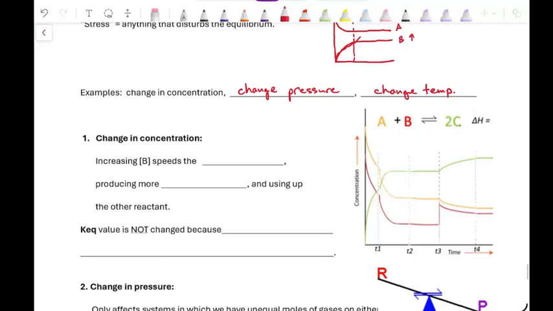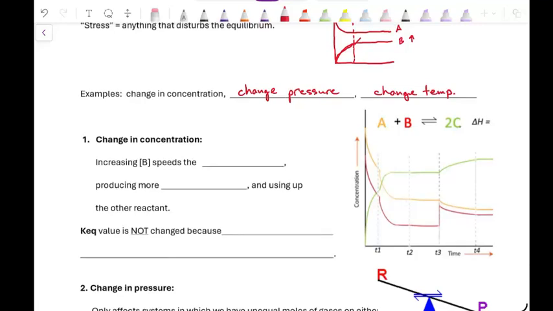The first one, changing concentration. I already talked about this. If I increase the concentration of something, so we've got our little hypothetical reaction over here: A plus B yields 2C. It gives you a little delta H, but we're going to ignore that. So we've got our system at equilibrium. And if you look at the graph, they're stressing it in a couple places.